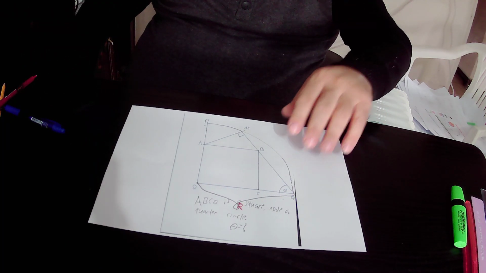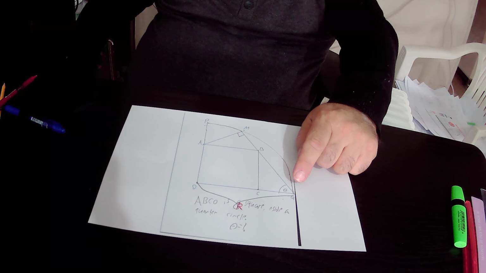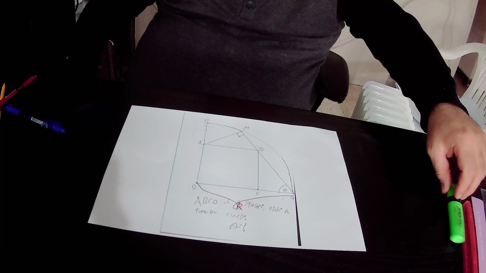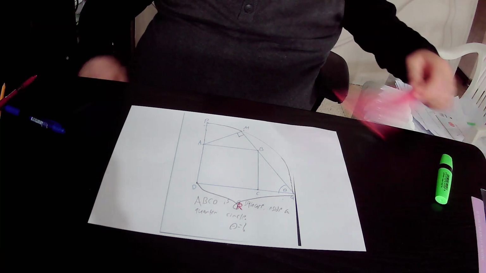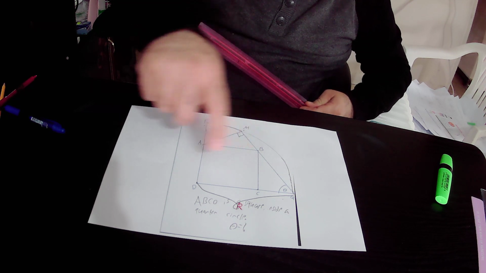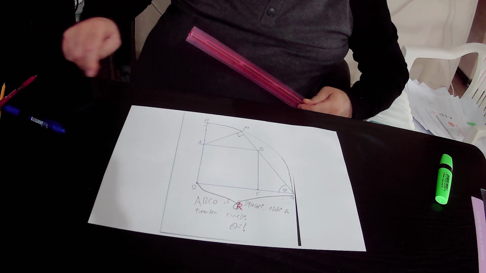In the next step, in order to find the size of angle theta, we will make a construction. We will extend line segment MA, and we will also extend line segment QO until they intersect with each other.